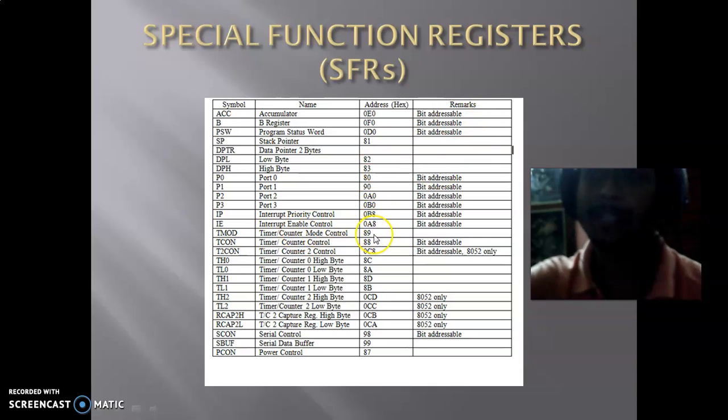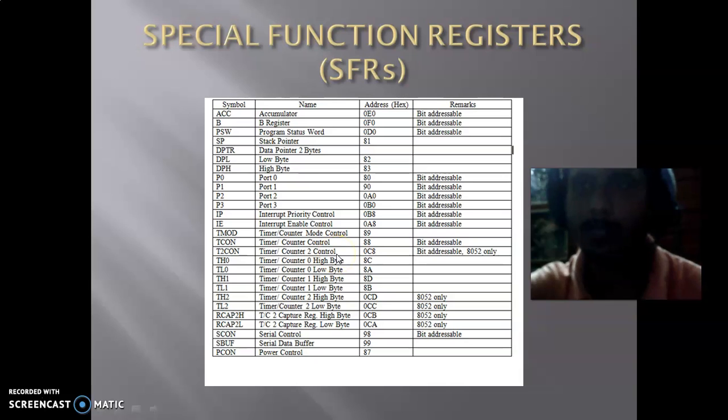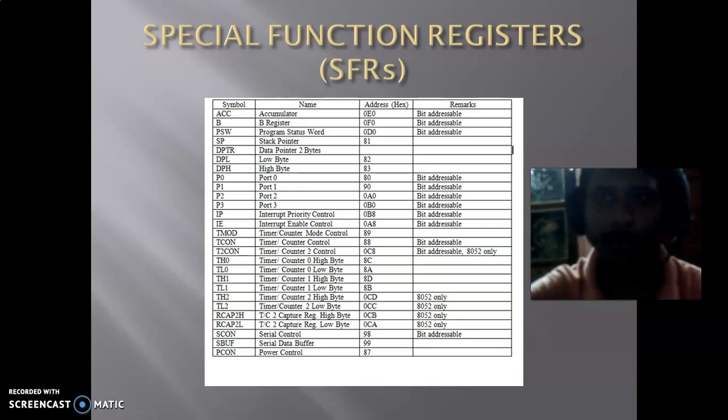Its address is 89, but this is not a bit addressable register. TCON register is a bit addressable register, also used for timer control operations. And T2CON is also used for timer control operations, and this is also bit addressable, and that is basically used for 8052, not for the 8051 microcontroller, and its address is 0C8.